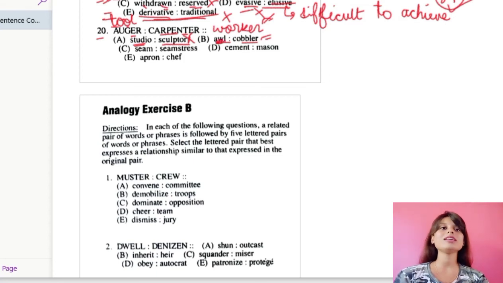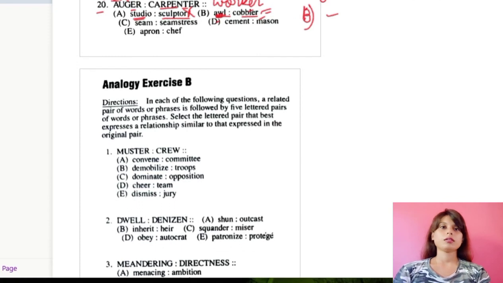So tool as awl and worker as cobbler can be considered. So option B can be a perfect option for this question. But we know that we have to consider the other options also, because we need to choose the best option possible for this question.